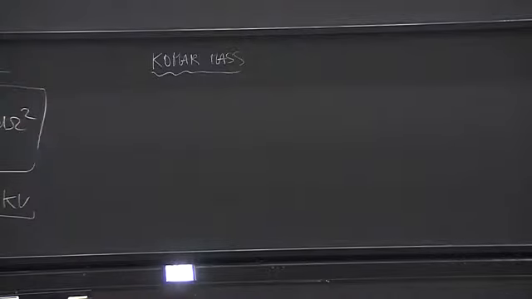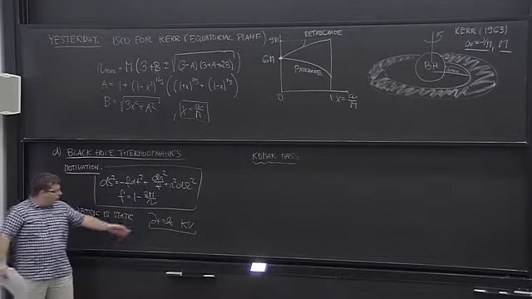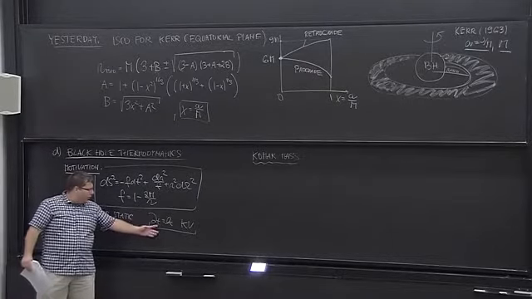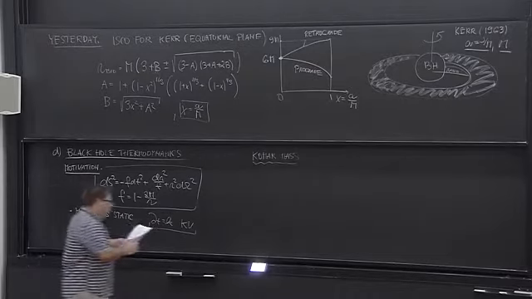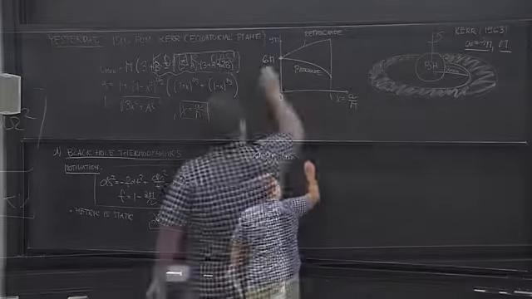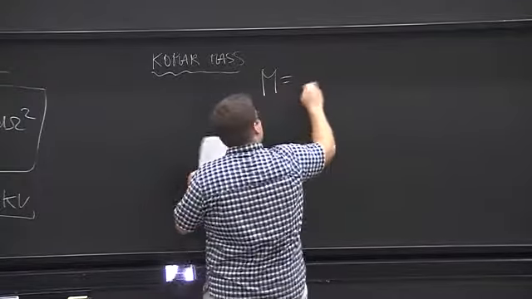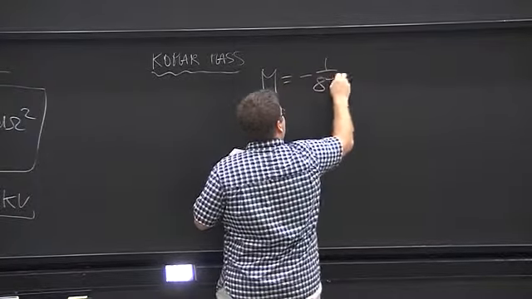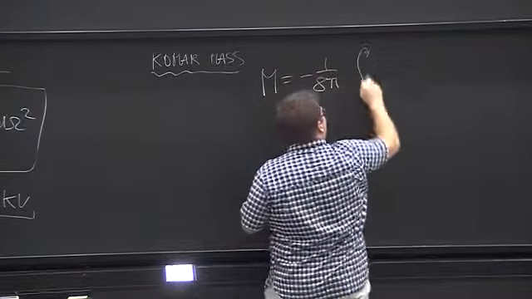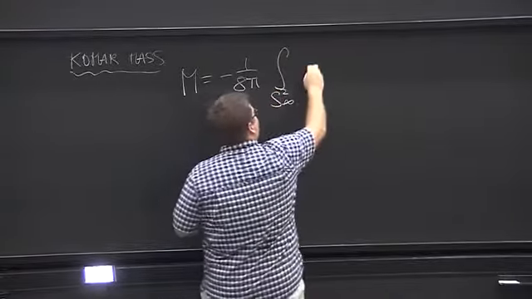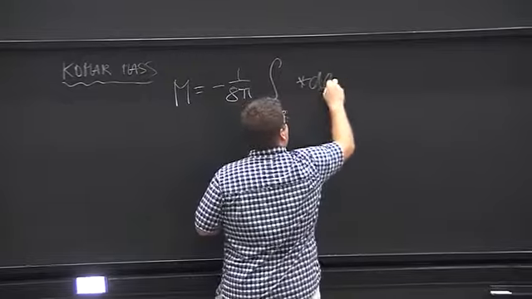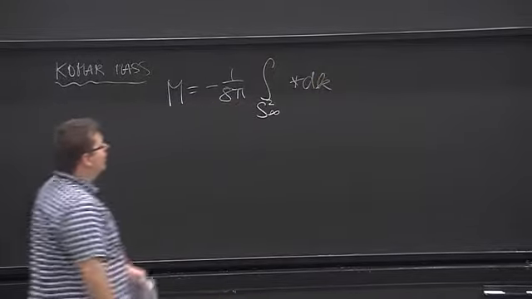As long as you have a Killing vector which is asymptotically time-like, then you can define this Komar mass. It's simply given by, I'll write it in fancy notation, minus 1 over 8π, integral over the sphere at infinity, and in differential form notation, star dk.